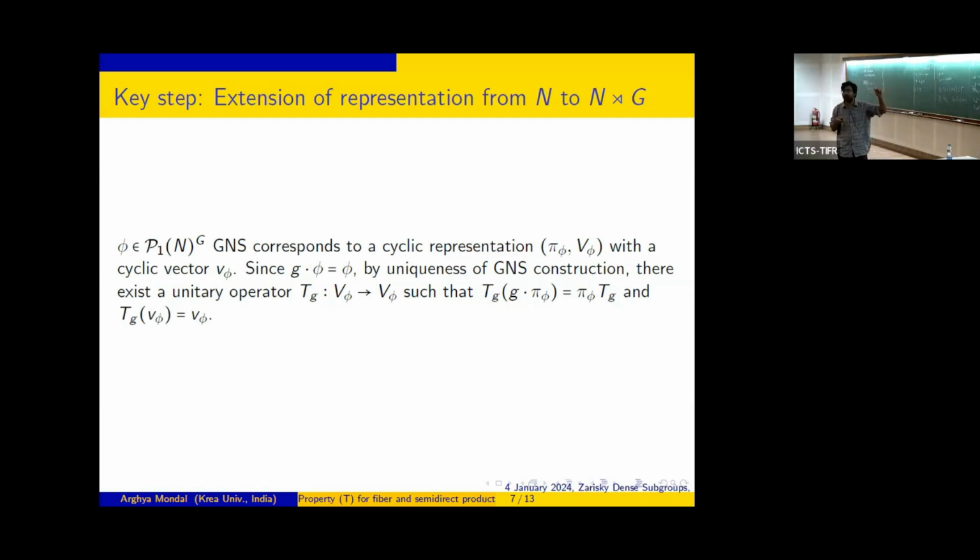Therefore, by uniqueness of the GNS construction, you will have a unitary operator which intertwines the action of G on pi phi and pi phi, and takes the cyclic vector to a cyclic vector. So if you take this isometry as the action of G, then this extends the representation to the N semidirect product, and this is how you do it.